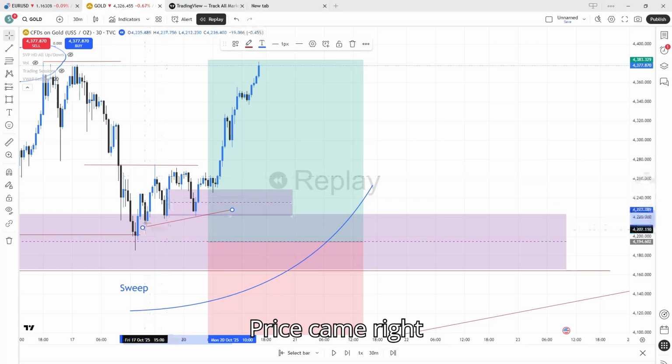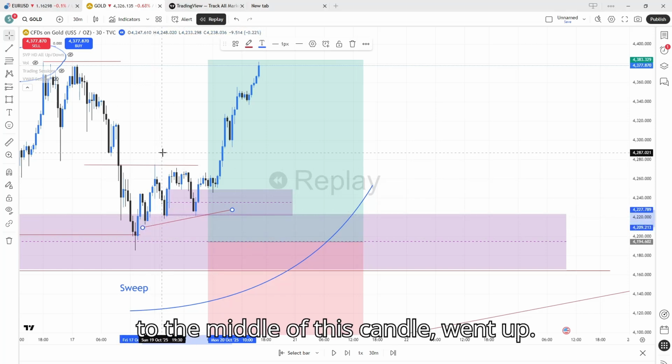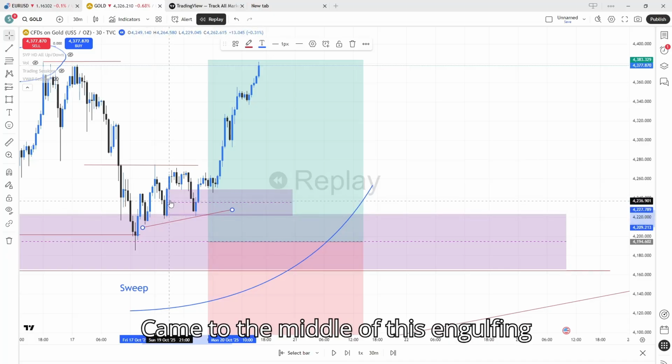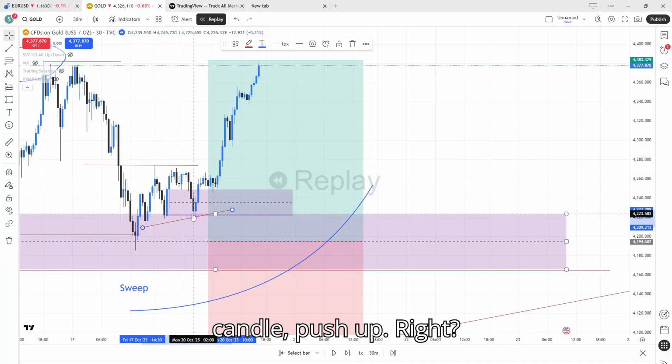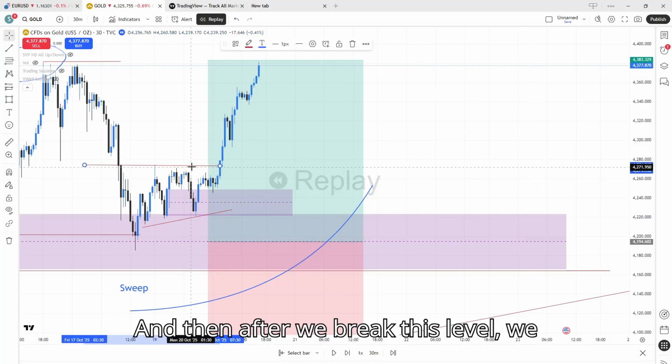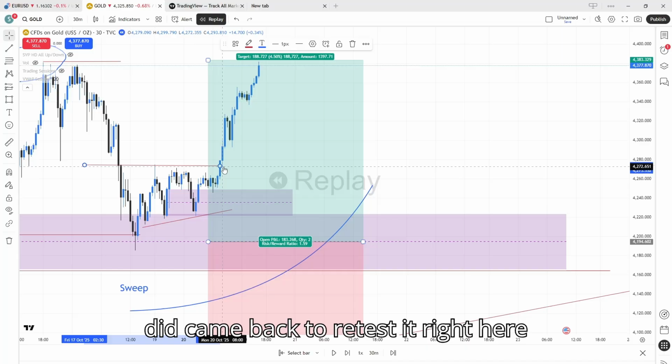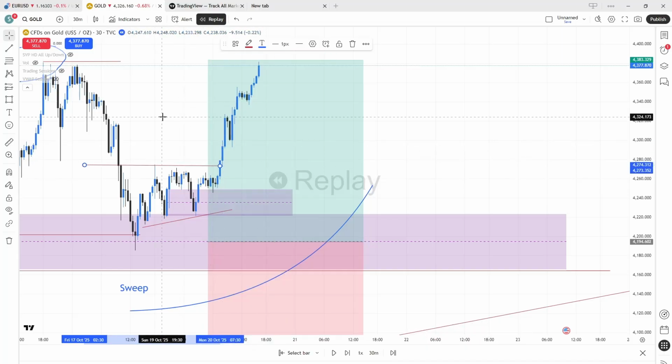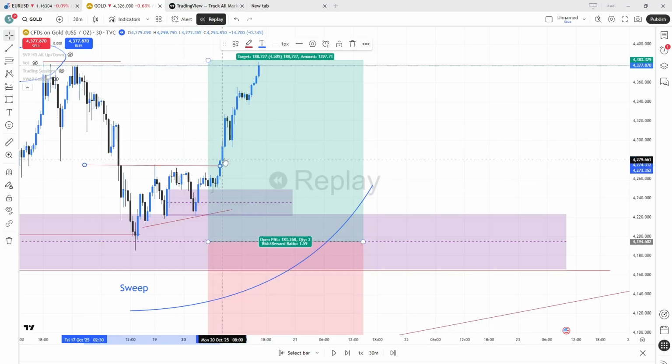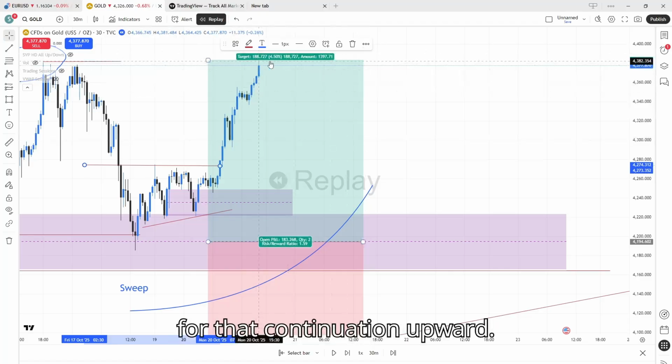Meaning what? Price came to the middle of this engulfing candle, pushed up, and then after we break this level, we did come back to retest it right here for that continuation upward.